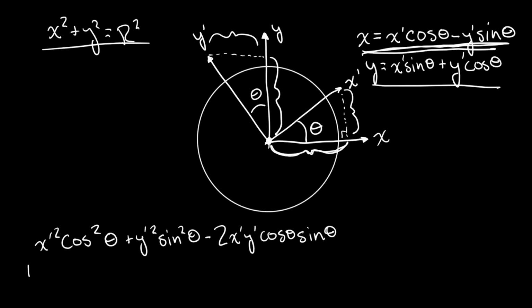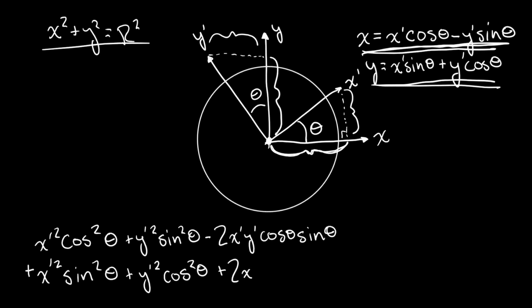And I will add to this down here y squared. So again, just FOILing everything out. This is x prime squared sine squared theta plus y prime squared cosine squared theta plus 2x prime y prime cosine theta sine theta. And since r is just a constant, this all is still equal to r squared.